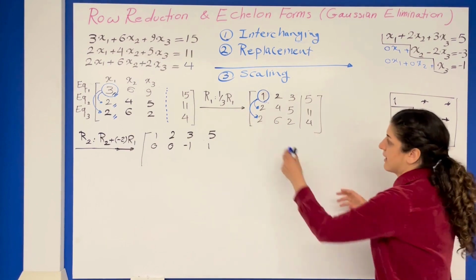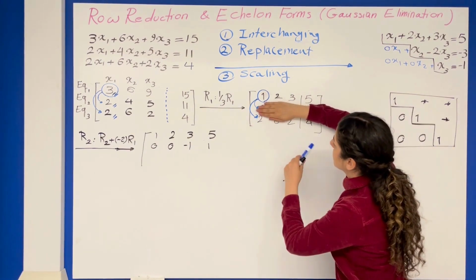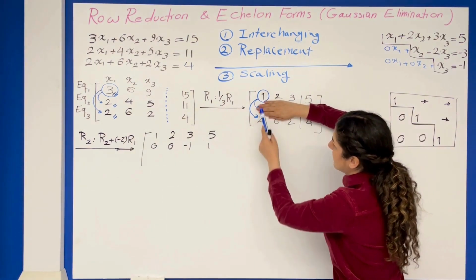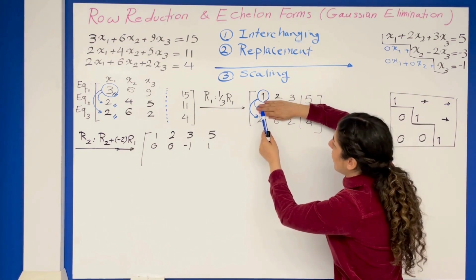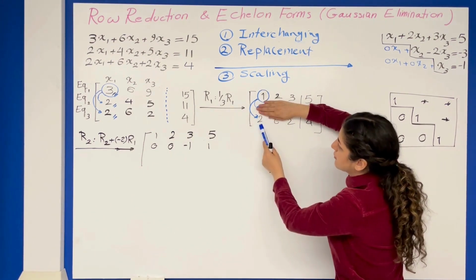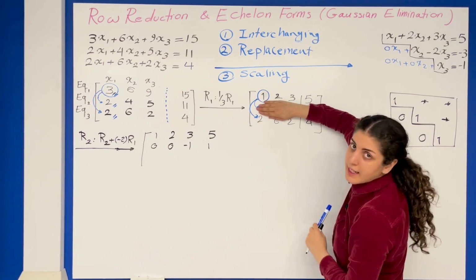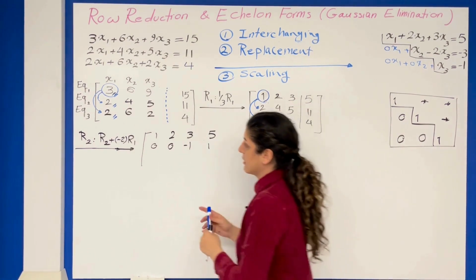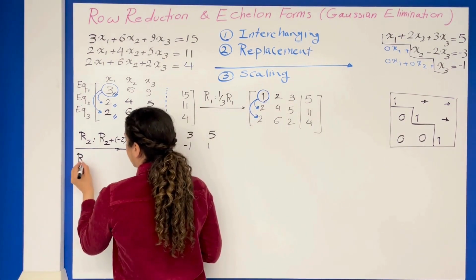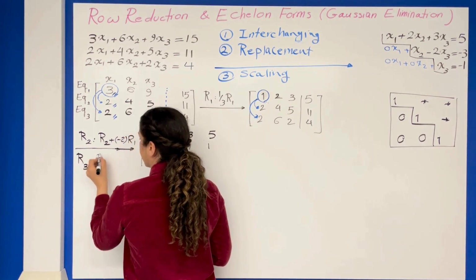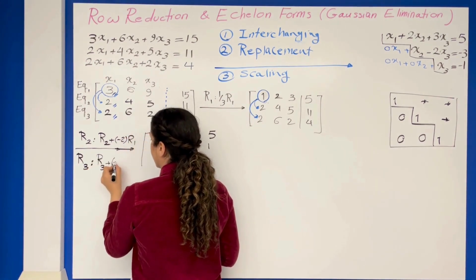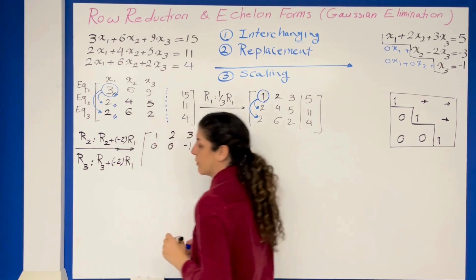So to make this 0, I'm considering row 1 and row 3. So I need to add a multiple of row 1 to row 3 to make this 0. Okay? And similar to the previous case, it's going to be the operation R3 being replaced with R3 plus negative 2 times R1.